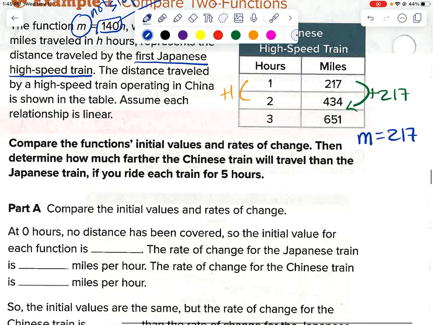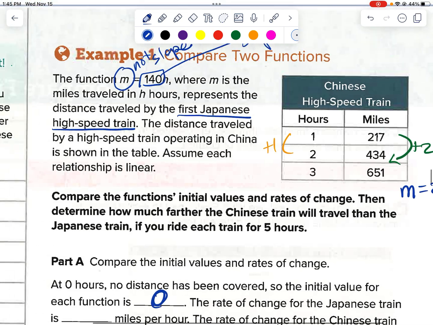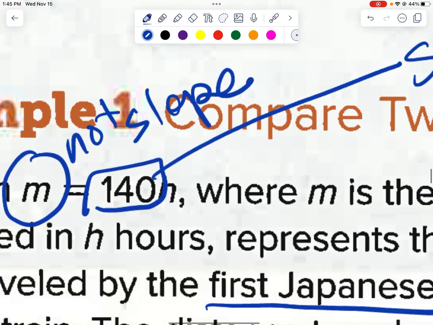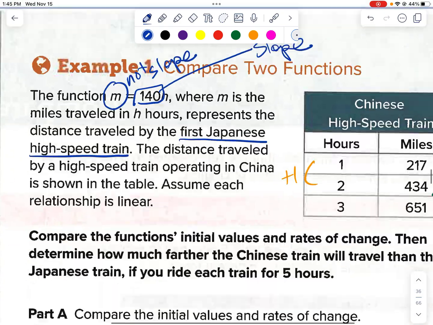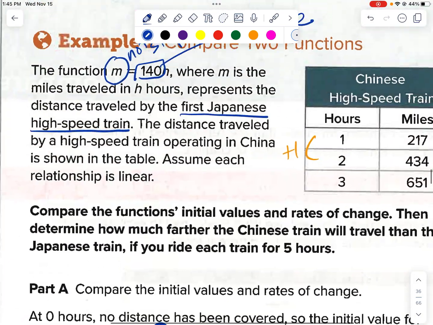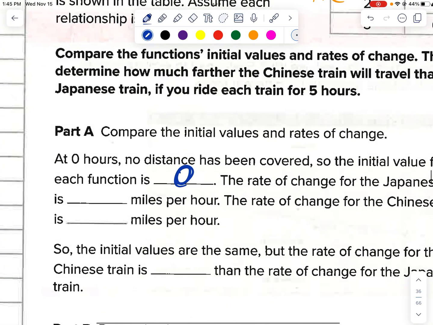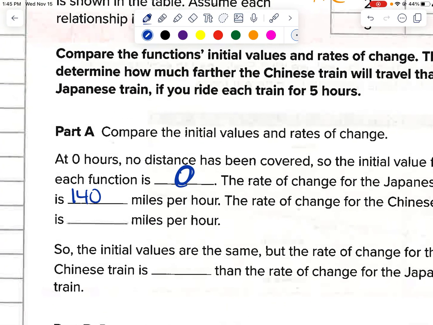Okay, so at 0 hours, no distance has been traveled or covered. So the initial value for each of the functions, both of them, is going to be 0. The rate of the change for the Japanese train, that's this one up here, the slope is in front of the h, and that was 140 miles per hour.